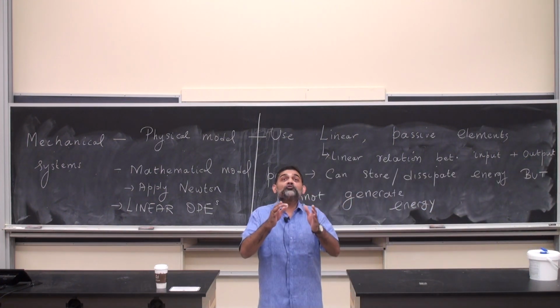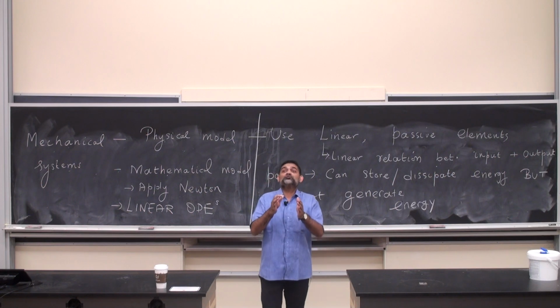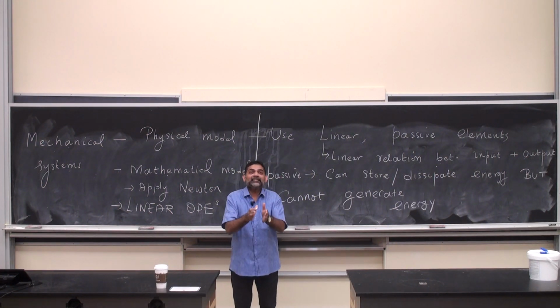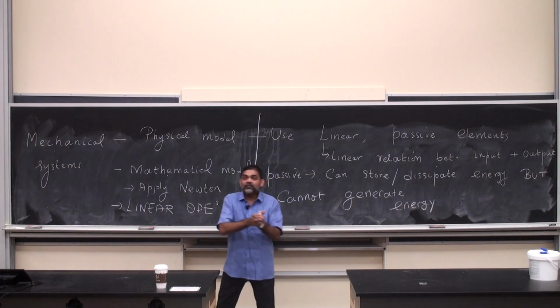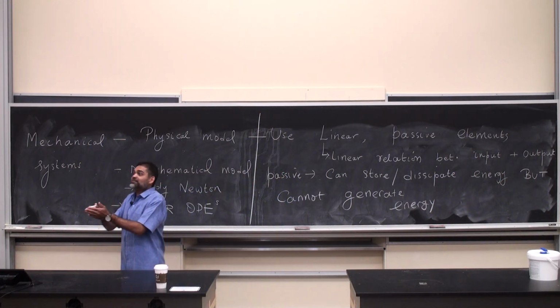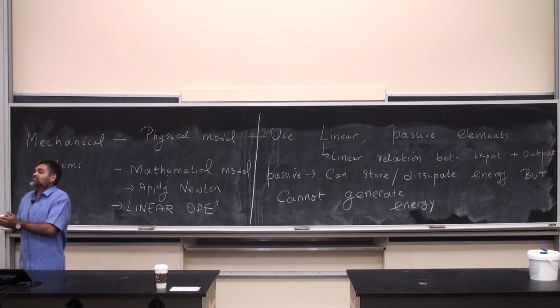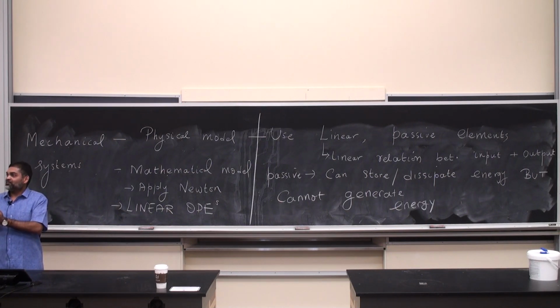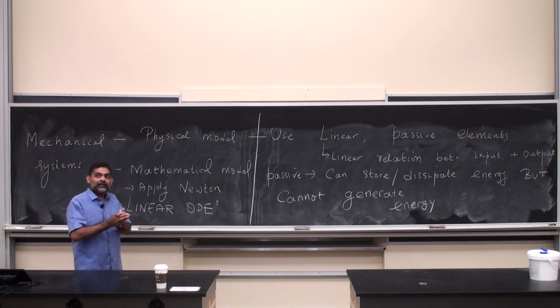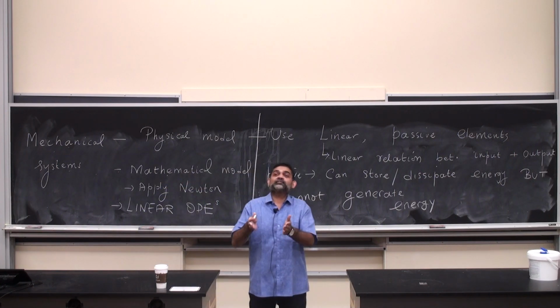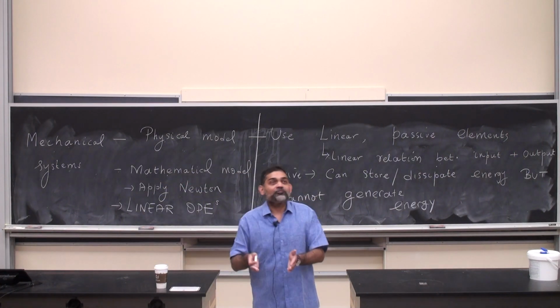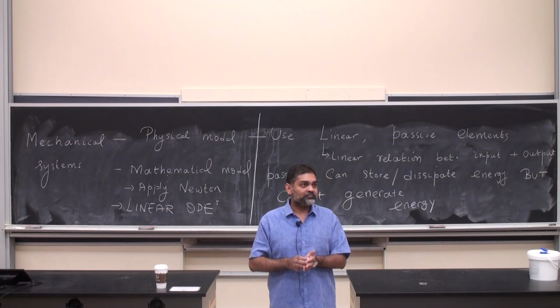I am first going to model this complicated system using these simple, linear, passive elements, which will in turn give me a mathematical model that is reasonably simple, which I can then solve and understand the system behavior. But this is the first approximation of that complicated creature.